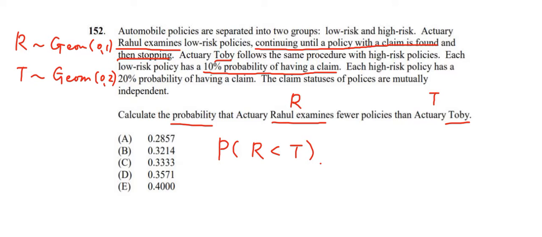Now we want to find this probability. The problem is just that: R follows geometric, T follows geometric, and we want to find this. For the geometric distribution, the simplest way is to use the definition.